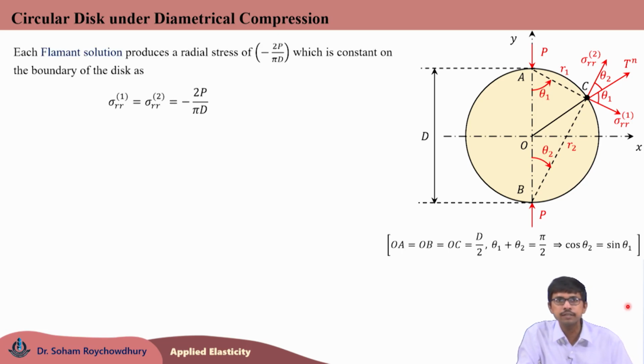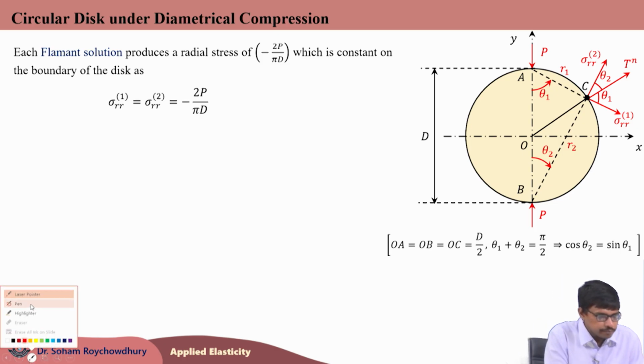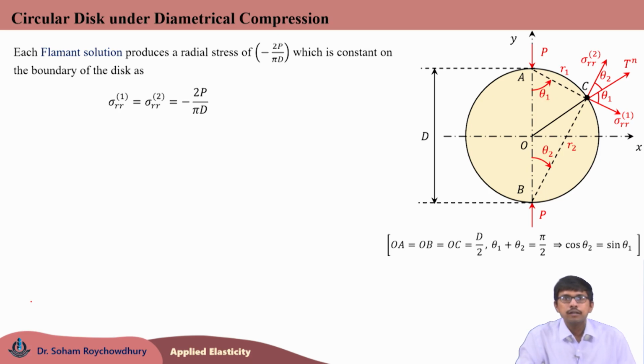So, moving forward, each of the Flamant solutions on these circular boundaries is going to produce a compressive purely radial stress of intensity 2P by pi d, which is known to us from the Flamant solution. From the elastic half space solution subjected to normal loading, we know that sigma RR is basically 2 times the load W divided by pi r into cos theta.